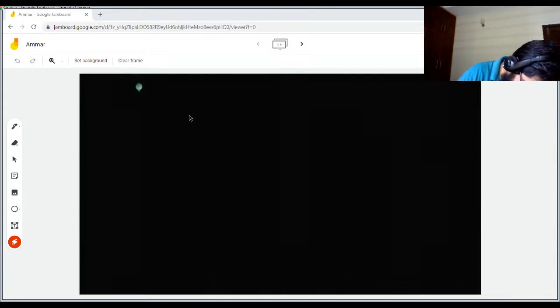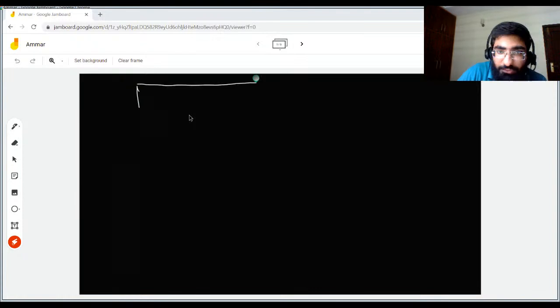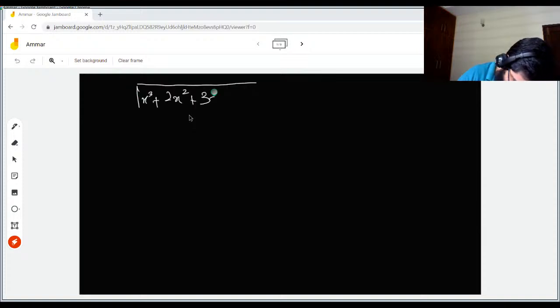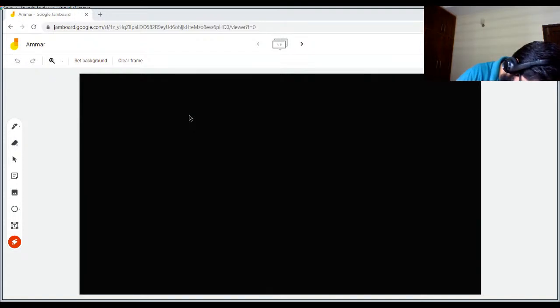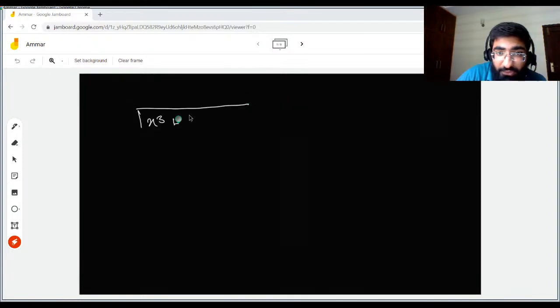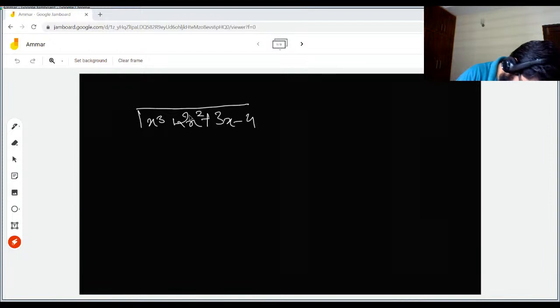I would put x cubed plus 2x squared plus 3x minus 4, leaving some space at the top, and I have to divide it with x plus 1.